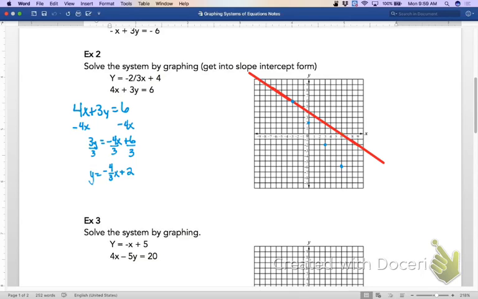And then again, I'm going to find something that is a straight edge and connect my points. So where does everything run through?